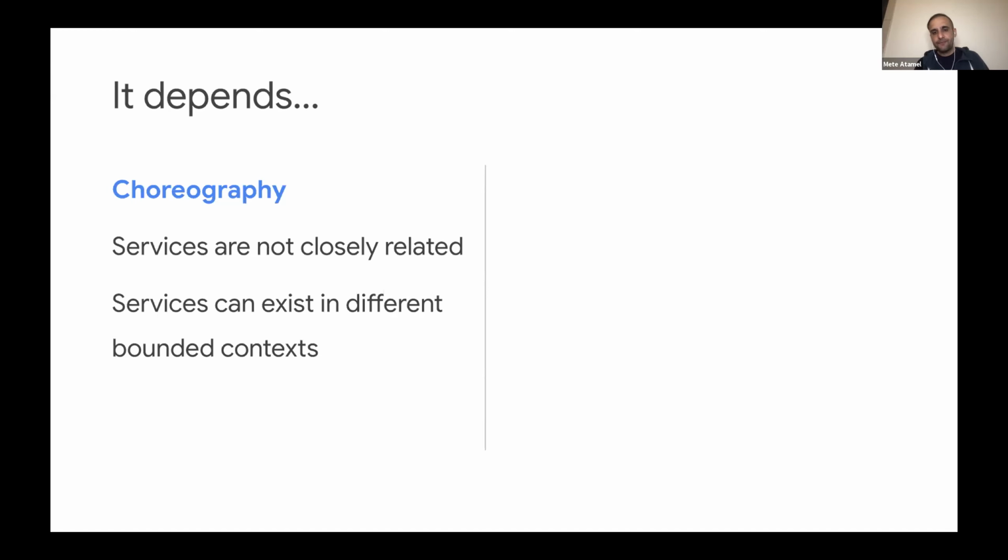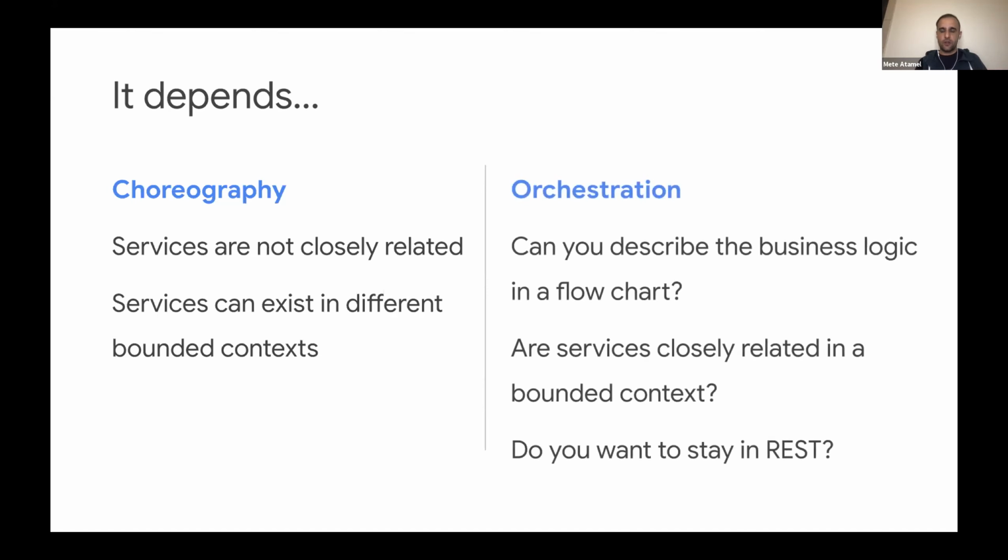Now, at the same time, if you have business logic that you can clearly define in a flow chart, right? If this happens, I do this, then I talk to the database, then I do that, that kind of thing, then that is a prime target for orchestration, because you can define the business logic, and services are called in a certain order, and you want to be able to apply global retry policies and things like that.